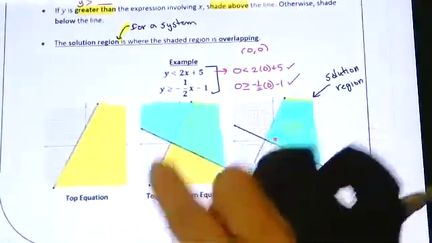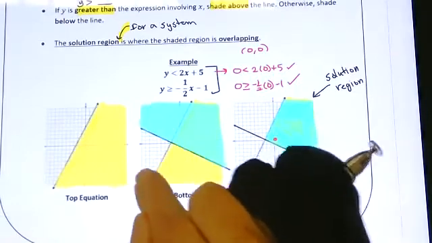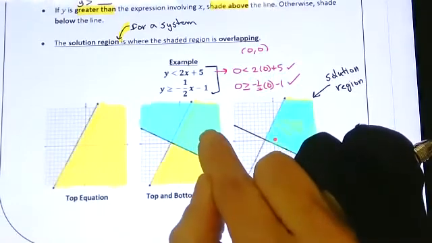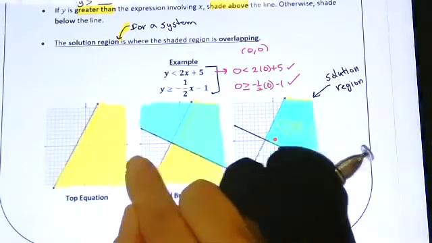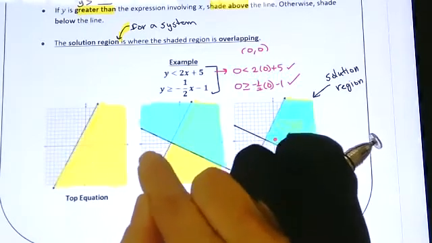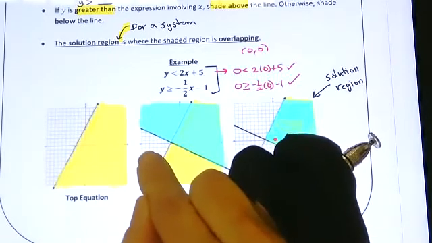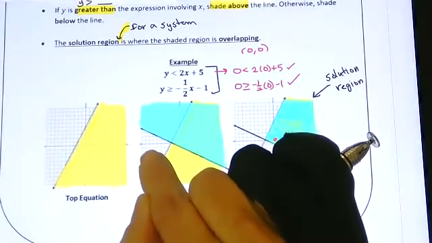So when your two lines intersect on your graph, you'll notice that there are 4 regions. One of those regions is going to be the double shading. That's the solution. One region didn't get shaded at all. If I were to plug a point from this region in, both inequalities would be false because there's no shading here.